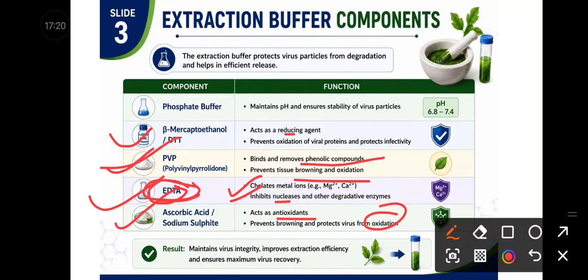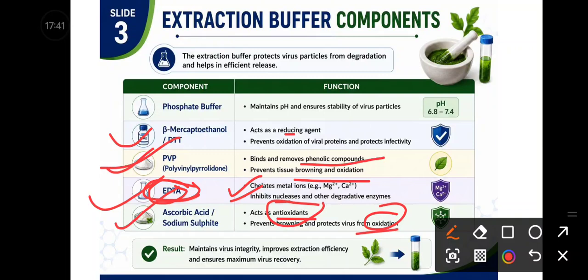It was asked why this ascorbic acid is used. Is it an antioxidant or is it a purifying agent? Like that it was asked. And this ascorbic acid is an antioxidant. It prevents or protects the virus from oxidation.